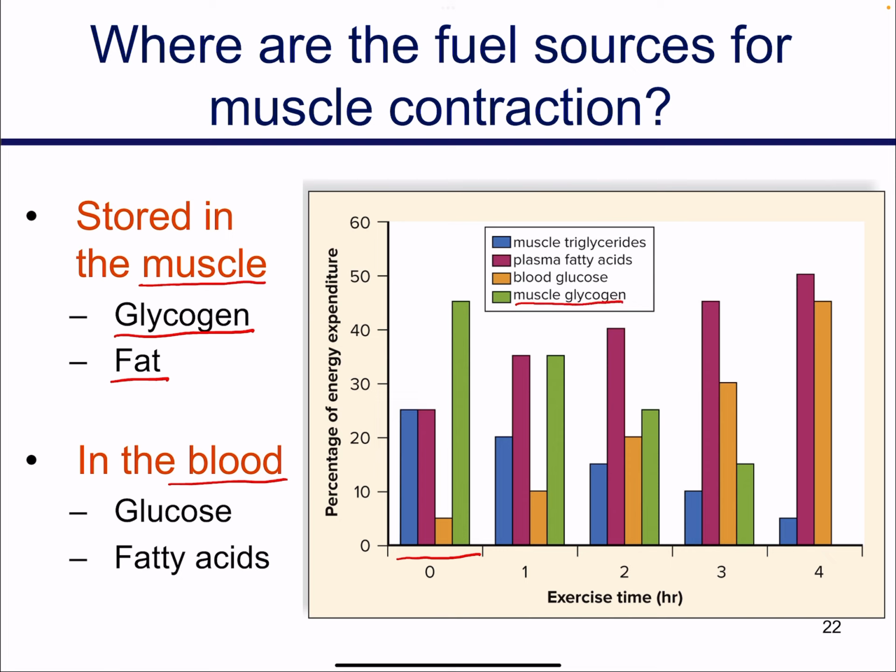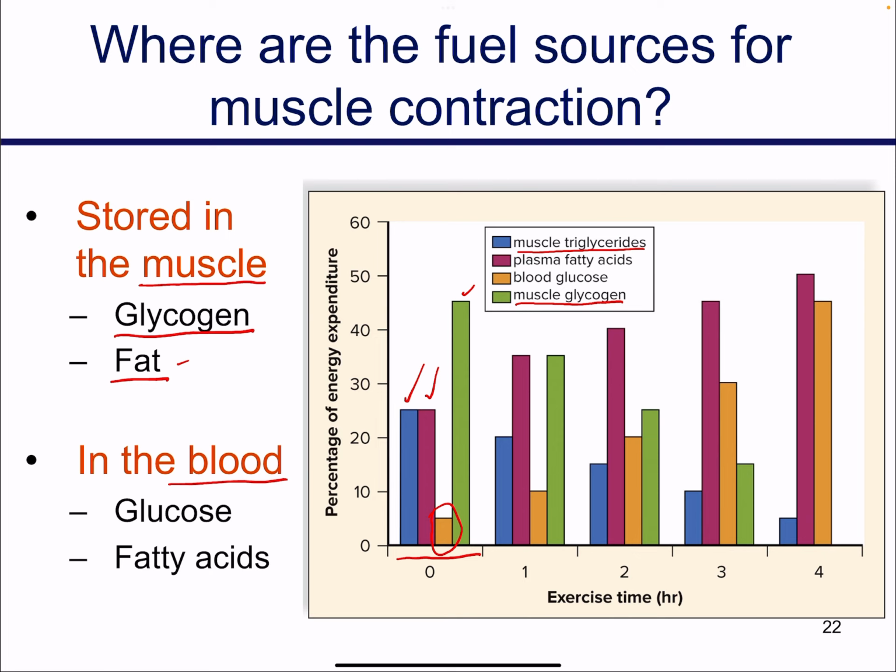Then, what is the other energy that is going to be used? We're going to have the muscle triglycerides, the muscle fat, right here. And we are going to have the plasma fatty acids. Notice that the blood glucose is used in very small amount.